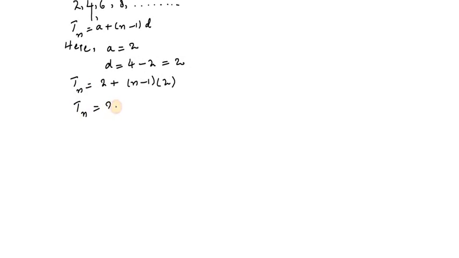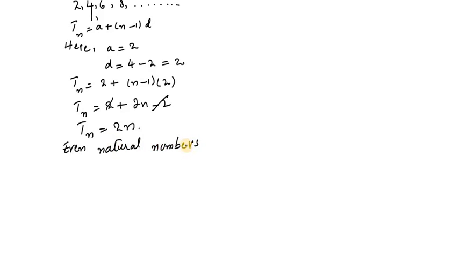So Tn is equal to 2 plus 2n minus 2. The nth term is equal to 2n. So even natural numbers are 2, 4, 6 up to 2n.